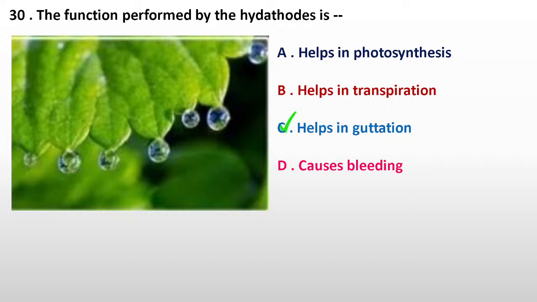It helps in guttation. Well, there is a doubt asked by Samana Deshpande. What's transcription? Well, that was given as one of the options here, right? And transcription is nothing but the formation of RNA from DNA.